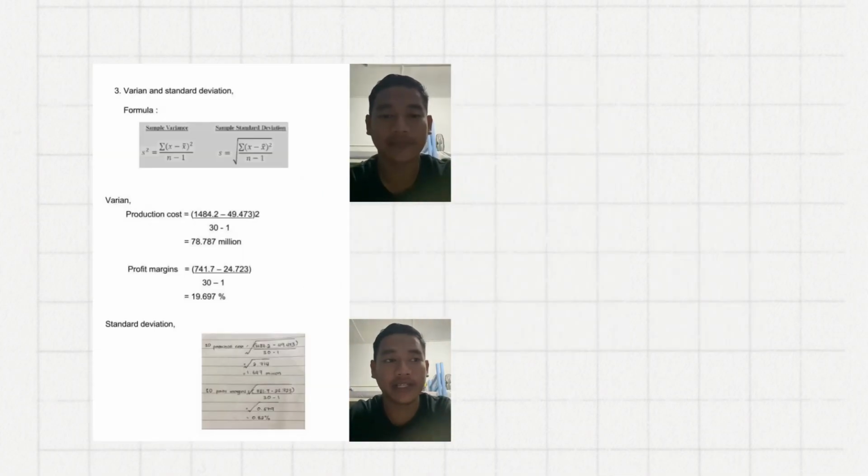Okay, for the next part is variance and standard deviation. The formula for standard deviation SD is the square root of the variance value. We can see the formula for variance inside the slide.